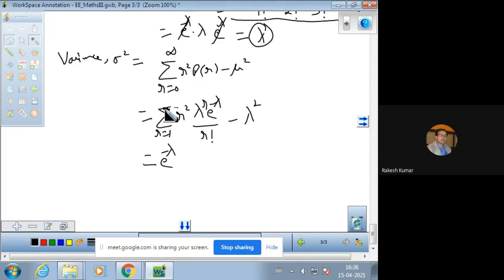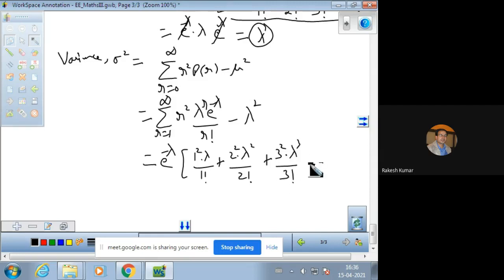So r is 1 to infinity, and for r equal to 1, it comes out to be 1 square into lambda upon 1 factorial, plus 2 square into lambda square upon 2 factorial, plus 3 square into lambda cube upon 3 factorial, plus so on, and outside there is a negative lambda square.